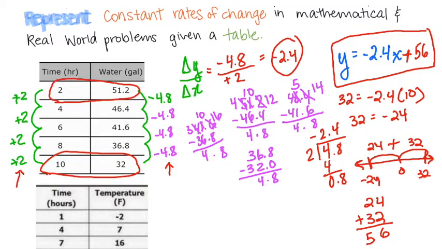Now let's go ahead and plug in some numbers just to make sure that that works. I'm going to plug in 51 and 2/10 for y and 2 for x. And if I do the math, this should work out where one side is exactly equal to the other side.